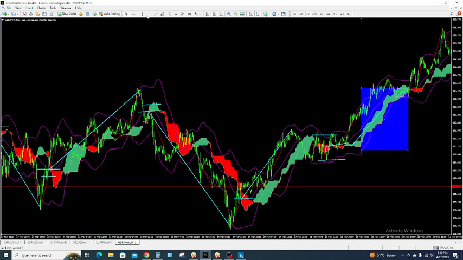So we are taking a trade here from here. When you are taking this trade, remember you are putting a stop loss.